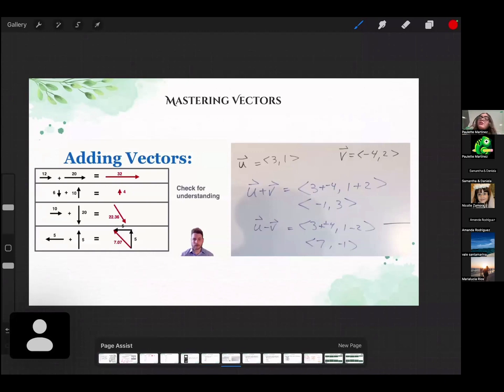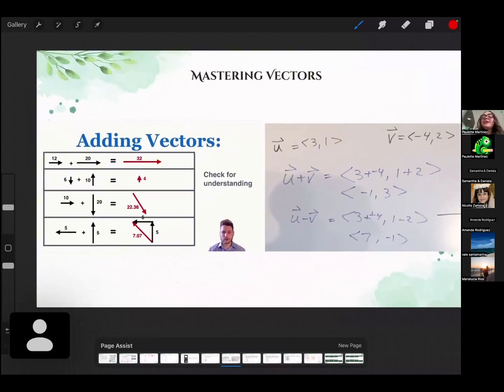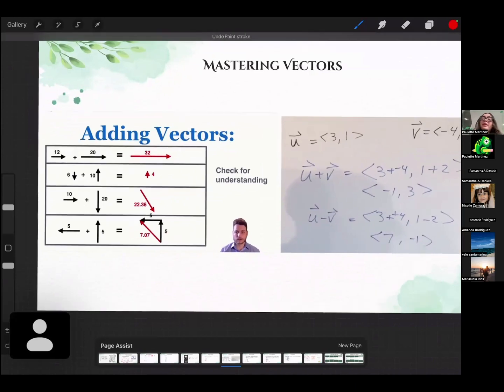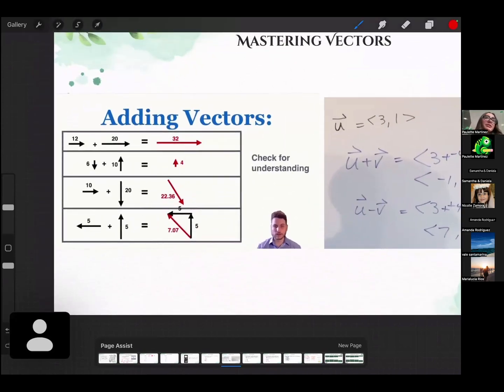Okay? So now we're going to move on to vectors, which I honestly think is pretty cool because it looks complicated, but it really isn't. So for vectors, when you're adding them and they're going in the same direction, you're just propelling yourself even farther. So for example, 12 plus 20 will equal 32. But then if you're going in opposite directions, if you're going up and then this one's going down, you subtract them from each other.